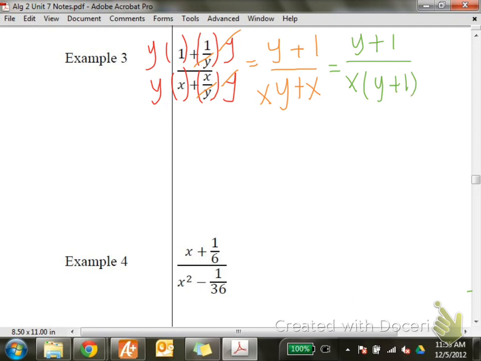You can't just cancel y because it's attached by addition, so you can't reduce that. You can only reduce the whole thing. Notice how this y plus 1 and y plus 1 are exactly the same. You can reduce those. So what is in the numerator? 1. 1 all over x. And that's your answer.